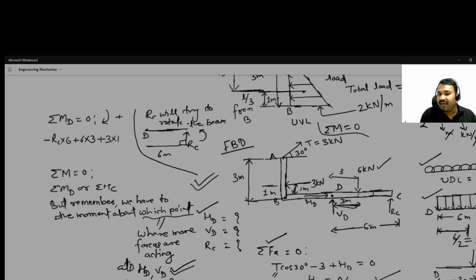Okay, and one more force, the tension is there. This is T cos 30, and this is T sin 30. So the horizontal component we have to consider, and it is clockwise.